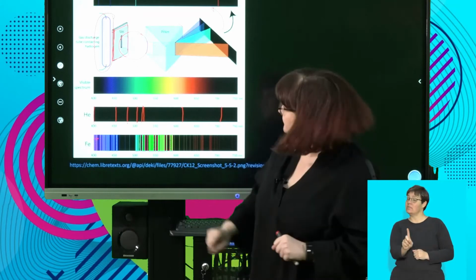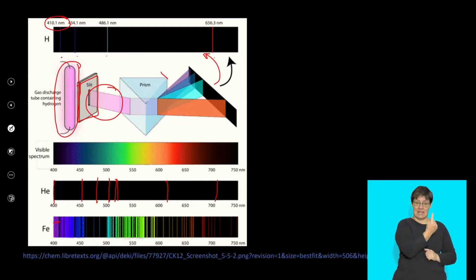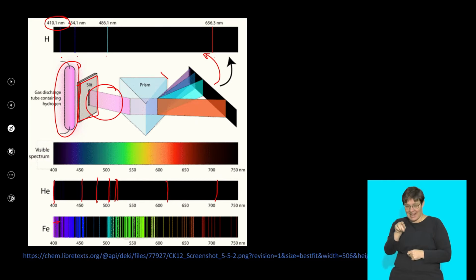The thing here is this. Each of these patterns is unique. So the light emission spectrum is like a fingerprint for an element. Scientists know if they get a specific pattern, it relates to a specific element.